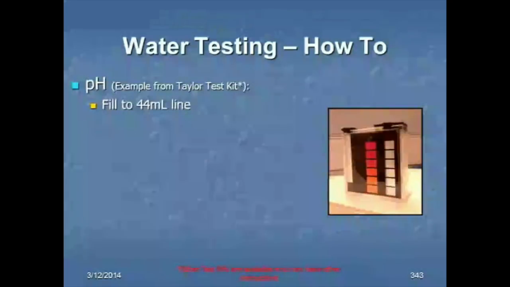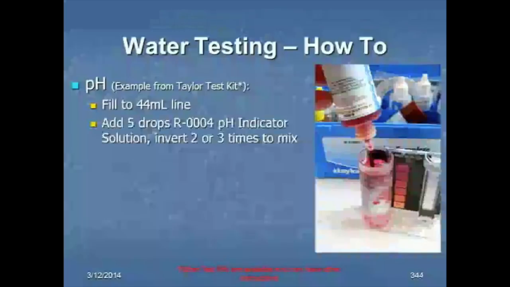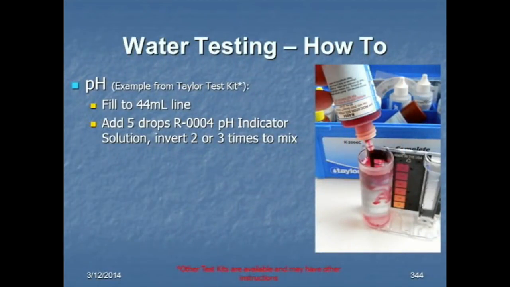When you do the pH test, one of the simplest tests that we've got available to us, you fill the vial up to the very top, almost to the 44 milliliter line. That's the number you shoot for. Once you get it filled to the 44 milliliter line, you add 5 drops of your reagent, your phenol red pH indicator.